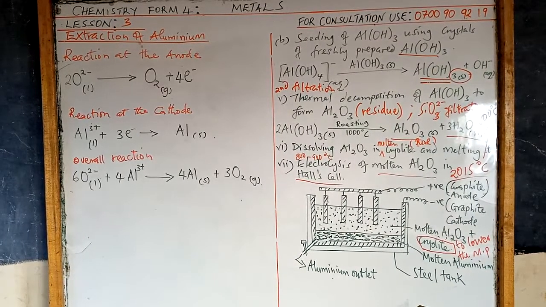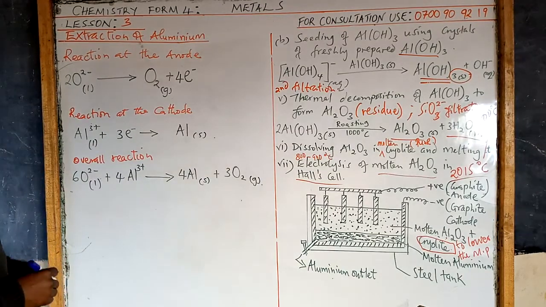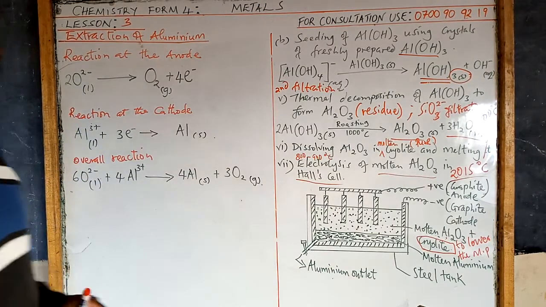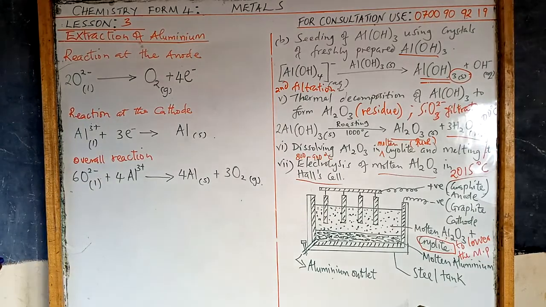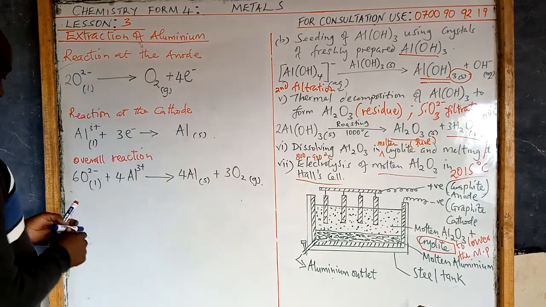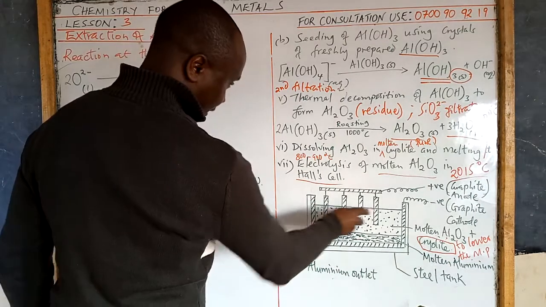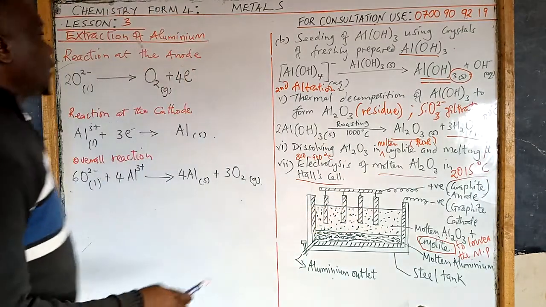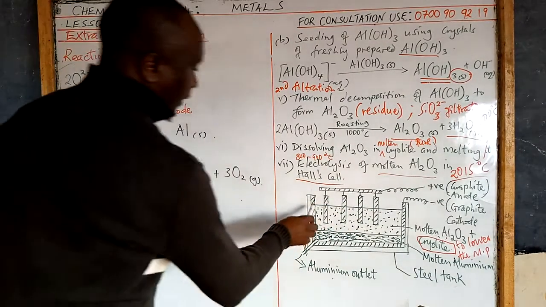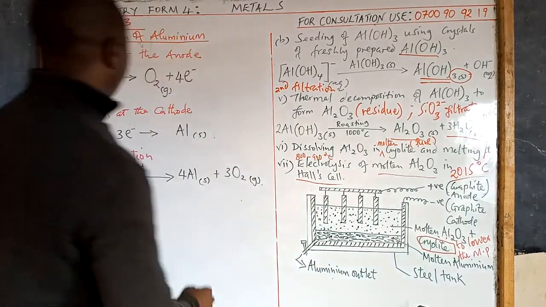The ions present, we have the oxide ions and the aluminium ions. So, oxygen ions, having the negative charge, are attracted to the anode, which is positively charged, so to the anode, this one. Then aluminium ions are attracted to the graphite lining on the sides.